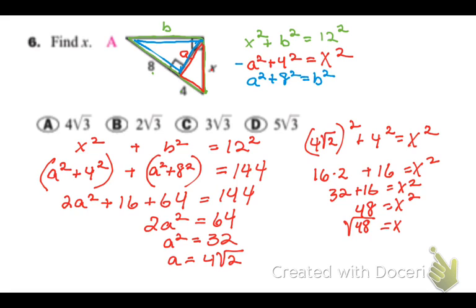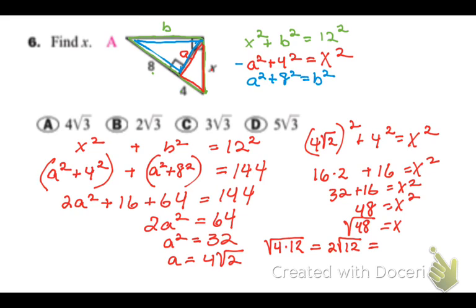Okay, none of the answers provided have the square root of 48, so you must have to simplify. Okay, and so if we start taking it apart, we can see that 48 is equal to 4 times 12. So we can take the square root of 4 is 2 and leave him out of the house, and you're left with 12.